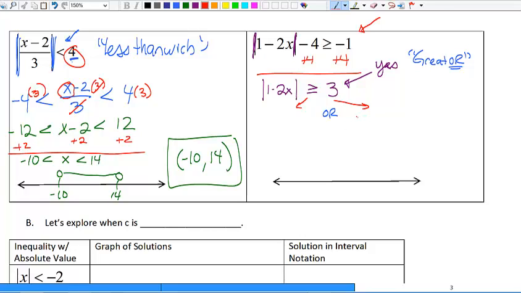The one on the right, I like to just leave the same, just without bars. The inequality sign and the sign of the 3 stay the same. And on the other side, the expression comes out of the bars and two signs are changed. My inequality changes to less than or equal to, and my positive 3 changes to negative 3. At this point, I can solve each of these independently.